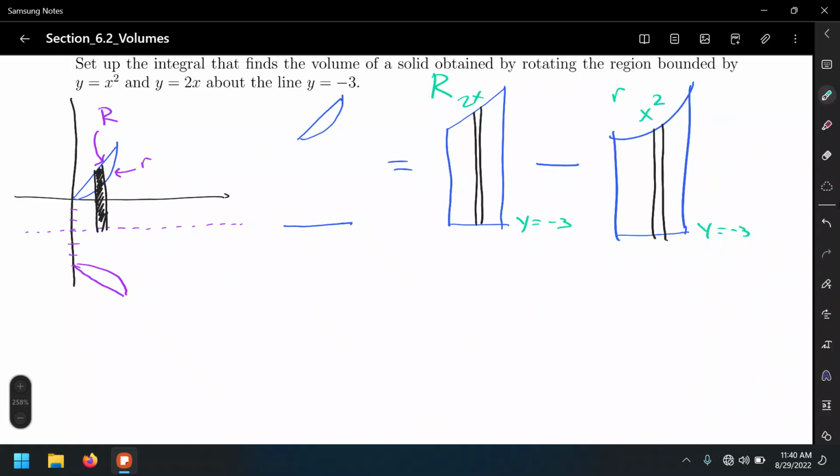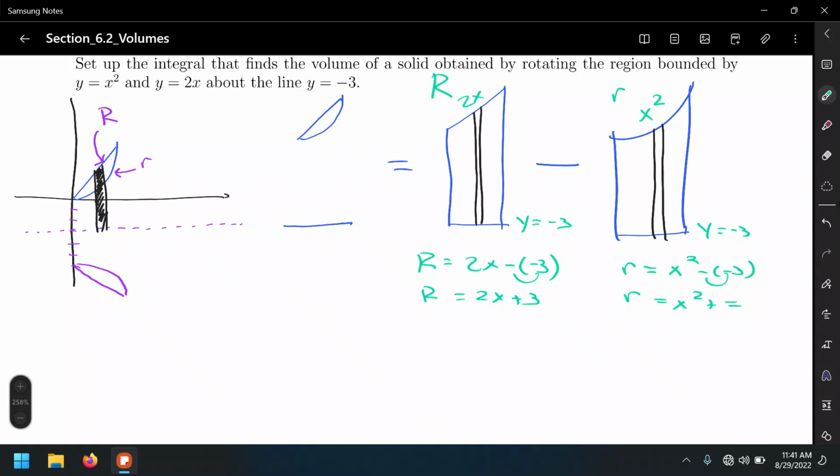Big R is top minus bottom, that is 2x minus -3, because the top is the 2x, the bottom is the -3. And little r, the innermost region, is x squared minus -3. And again, the smile rule comes into play here: 2x plus 3 and x squared plus 3. And these are the outer radius and inner radius.